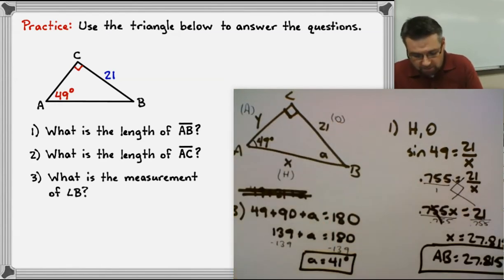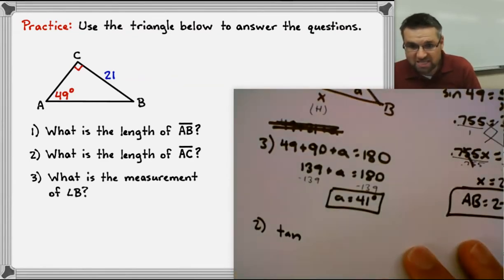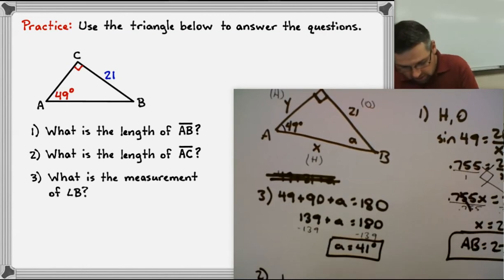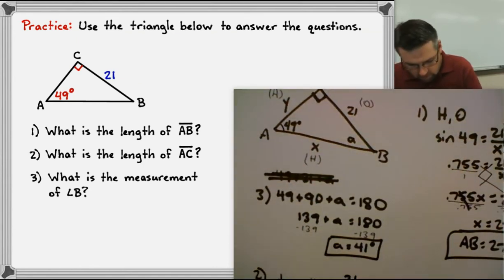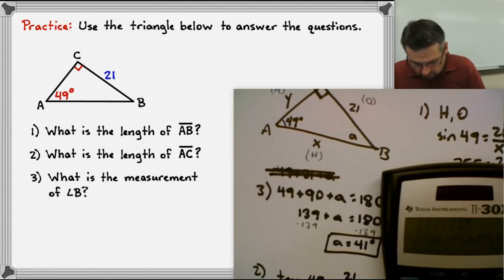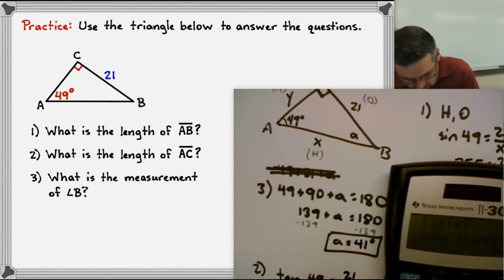So adjacent and opposite are going to give me tangent. So it would be tangent of the angle. In this case, tangent of 49 is equal to the opposite, which is 21, over the adjacent, which is y. Okay? We'll type in tangent of 49. That's going to be equal to 1.150.